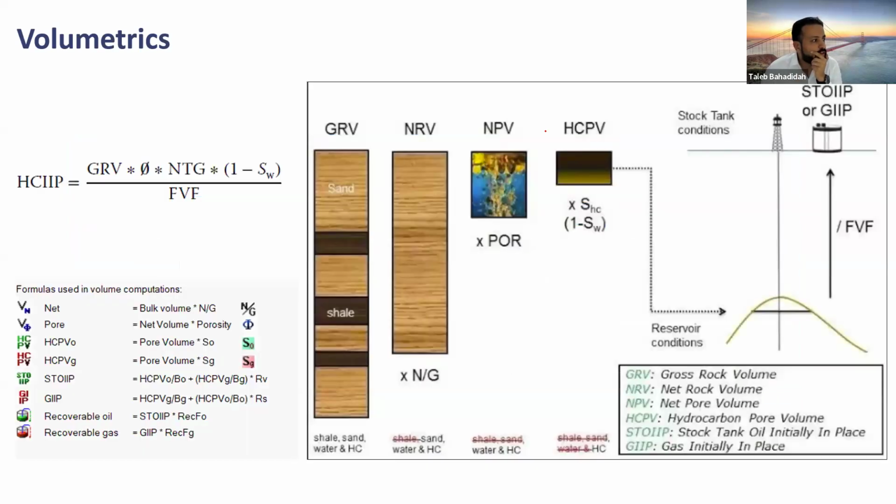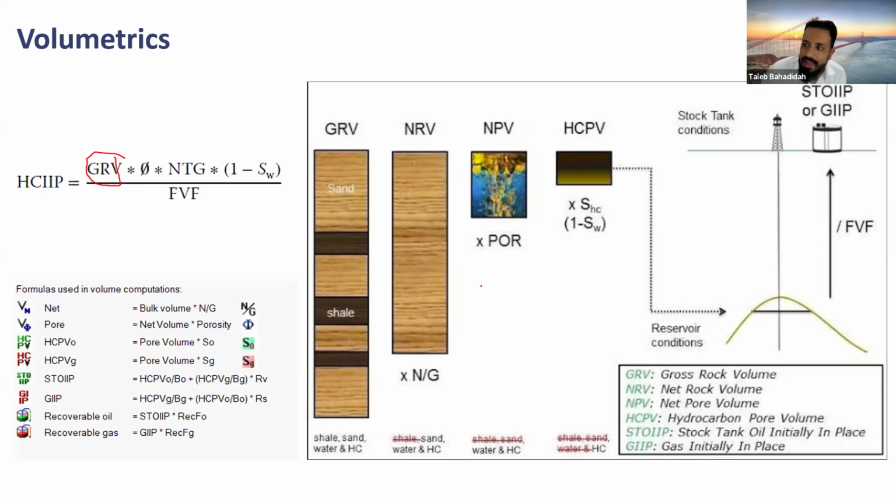So in the volumetrics, we use this equation for hydrocarbon initially in place. We do the GRV. The GRV is the rock, everything above the free water level. So it is GRV, which is called gross rock volume.